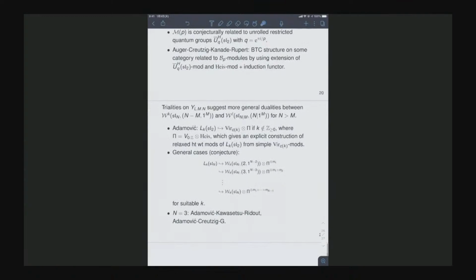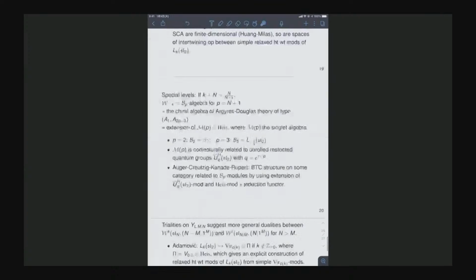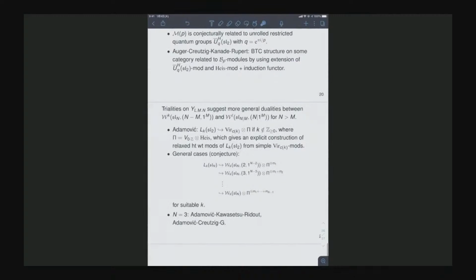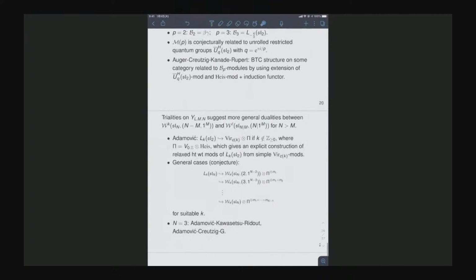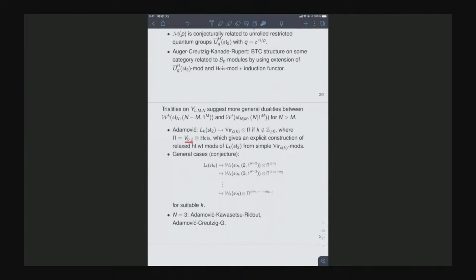This is the last slide, the last comment. Sorry, so many comments. In fact, triality suggests more general dualities. I considered 0, 1, 1, 0, but there are more general cases. In fact, these are W_{SL_N} and N minus N1 and so on, as reported. And Adamović considers an embedding of simple affine SL2 inside simple Virasoro tensor Π, where Π is the lattice vertex algebra tensor Heisenberg.